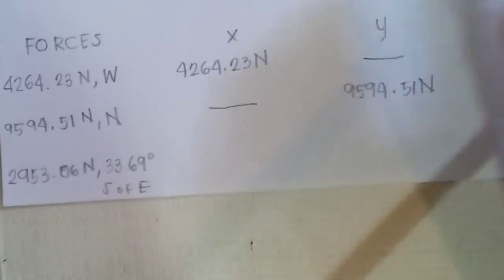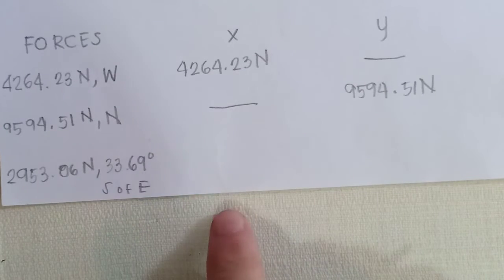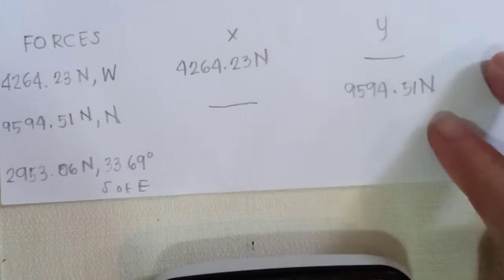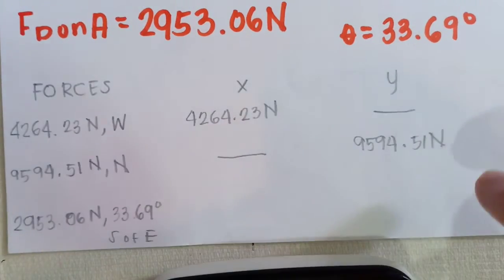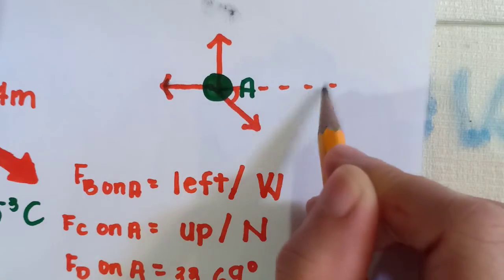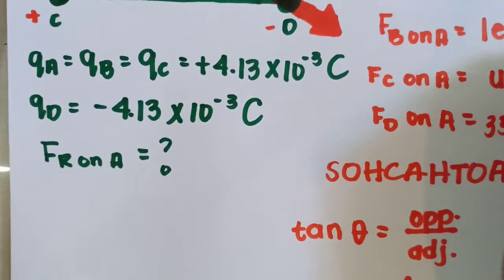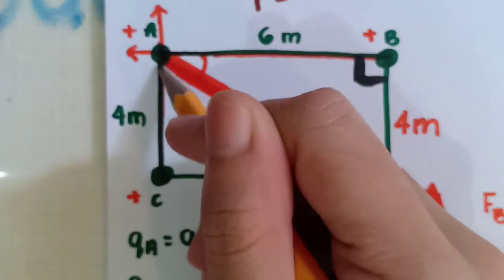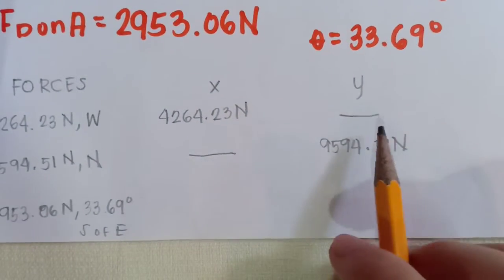Then for FD, since it is south of east, we have to use cos and sine. Now, which one will be for cos, which one will be for sine? If our angle is resting with the horizontal, and not with the vertical, then cos is for x and sine is for y.